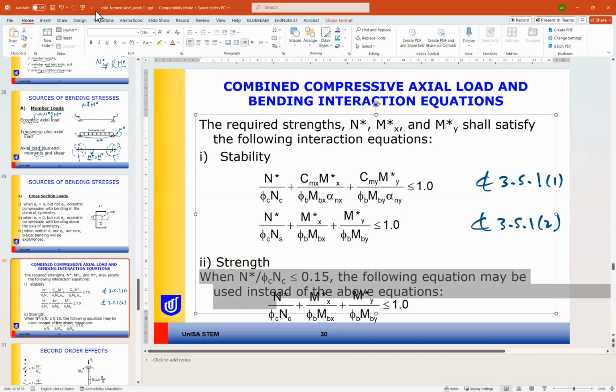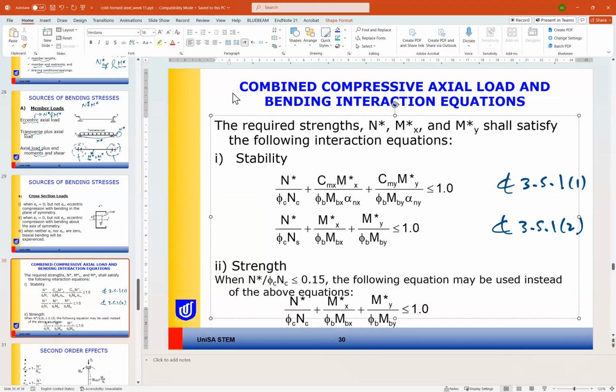So the standard gives us these two cases here.